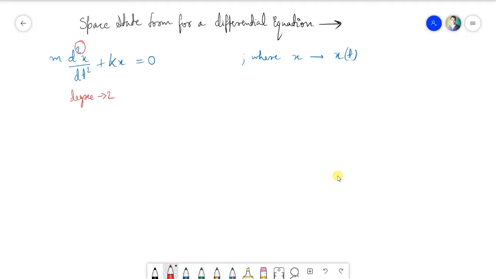Those variables will be for the zeroth order term and the first order term. In this equation the first order term is not there because it is 0, and the zeroth order term is here, this is x.